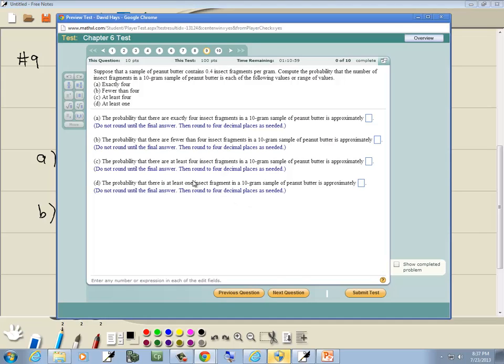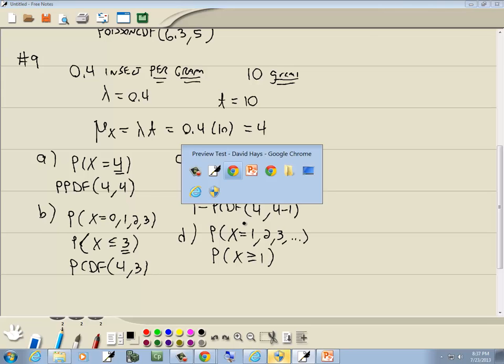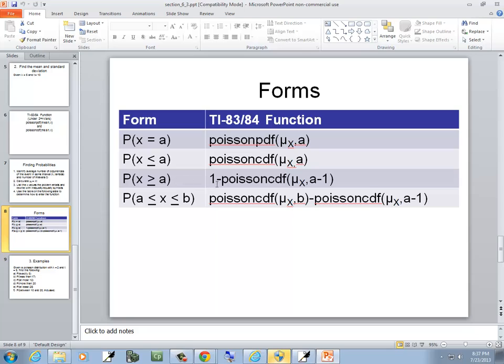Last one. The probability that there's at least 1 insect fragment. At least 1. Well, that would be 1, 2, 3, forever. And so this would be x is greater than or equal to 1. Greater than or equal to would be our third form.